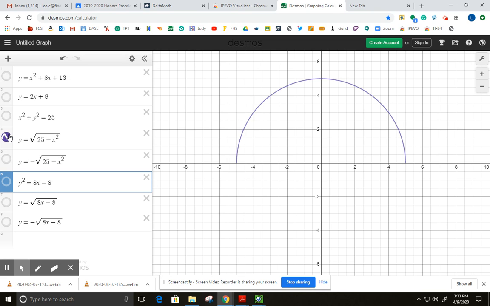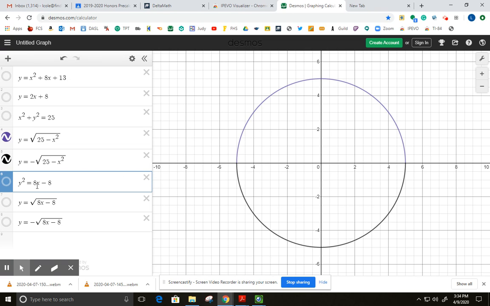And that is a function. And then if we graph y equals negative square root of 25 minus x squared, that gives us the whole circle. The graphing calculator, just because of the graphics, a lot of times will not be connected, but you'll get the idea. That's just part of the issues with the graphing calculator.